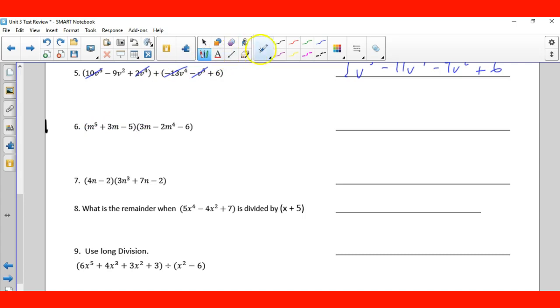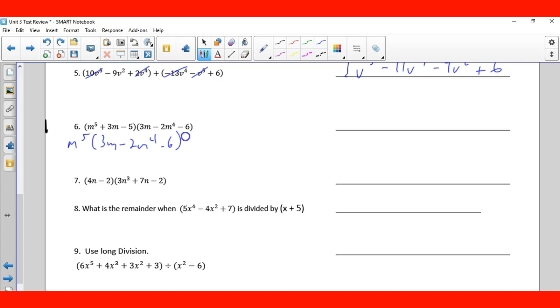Guys, I recommend you expand it out like so. M to the 5th, first term times this whole thing, second term times this whole thing, third term times this whole thing. So you have m to the 5th times 3m minus 2m to the 4th minus 6.